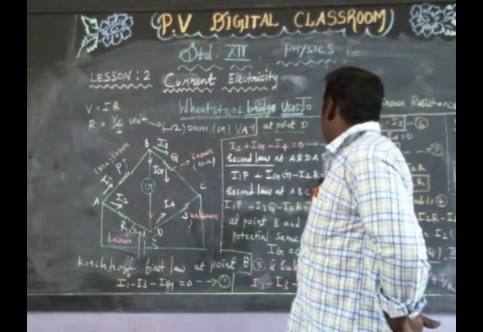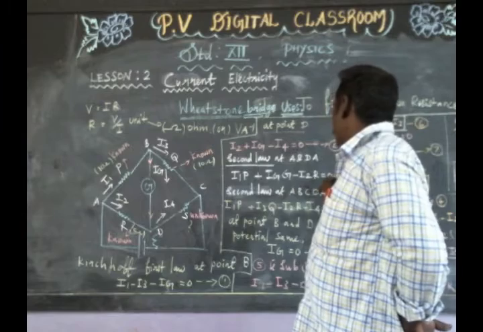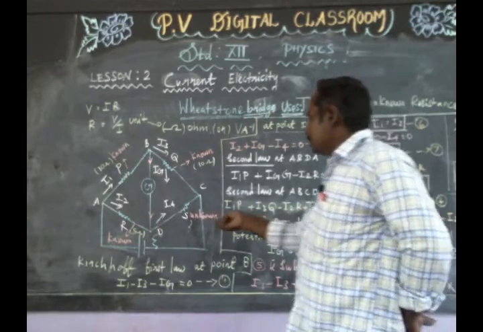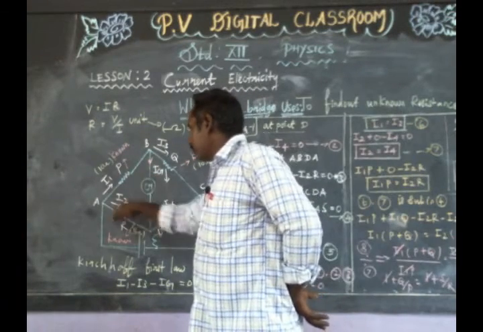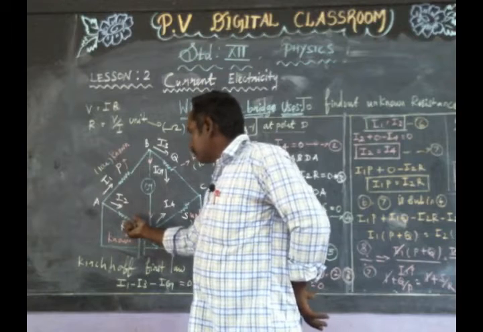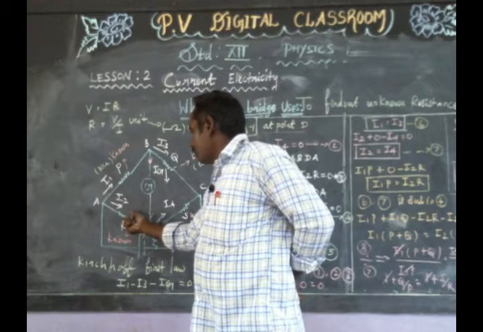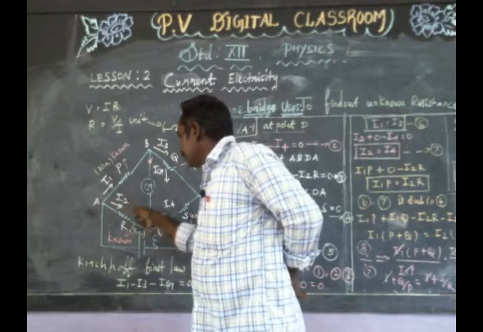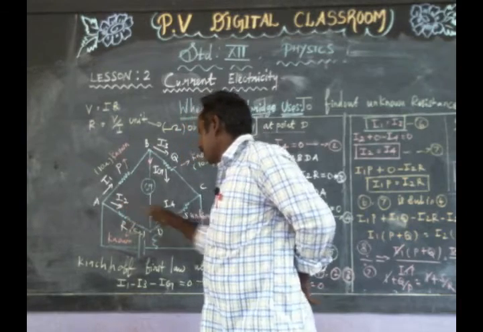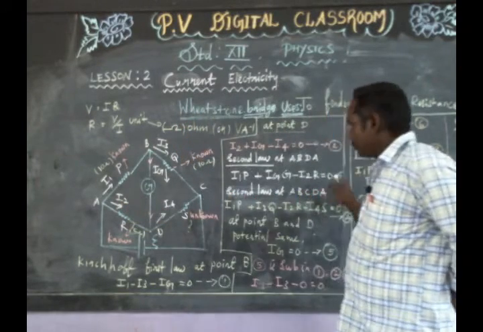The total is 0, equal to the algebraic sum of the EMF, which is 0, because there is no battery connected in the closed loop.